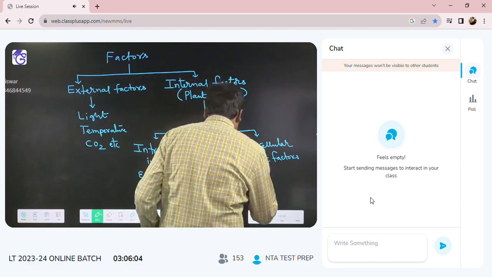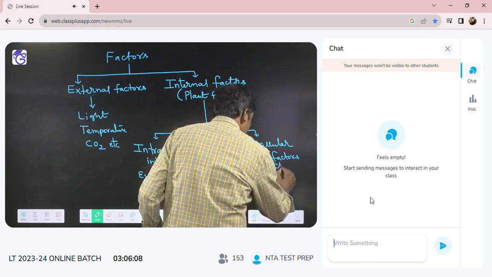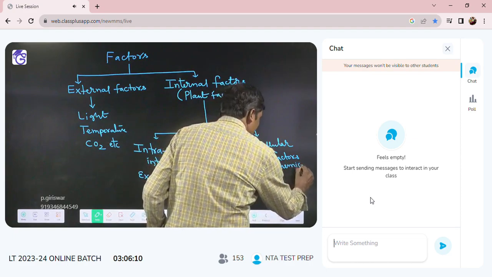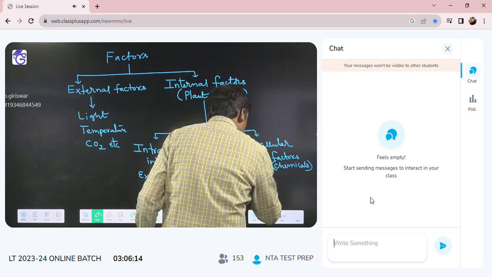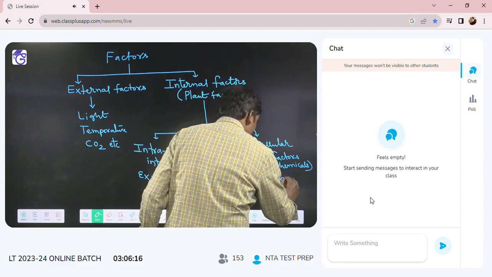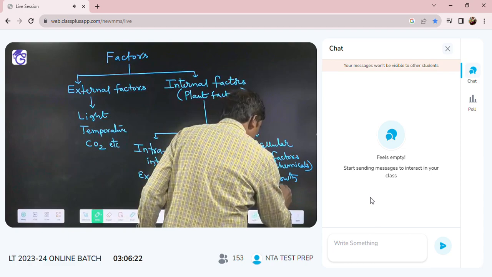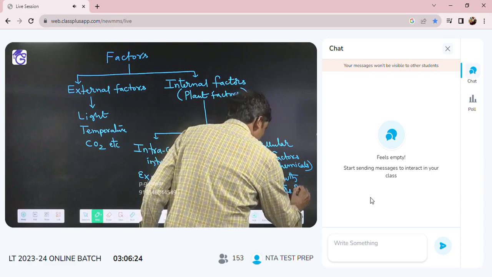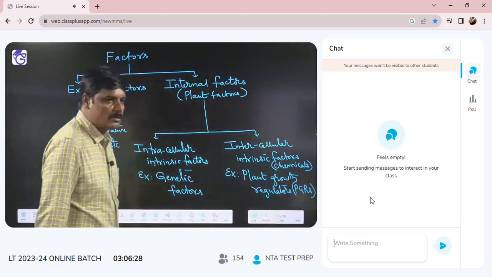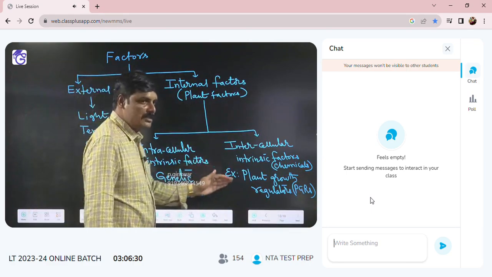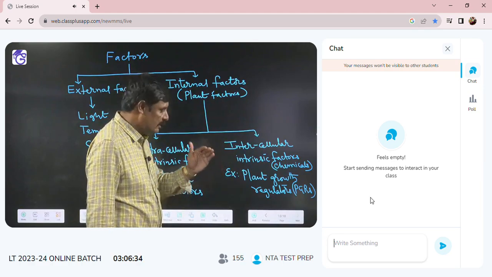Next, intercellular intrinsic factors include chemicals, nothing but plant growth regulators, PGRs: auxins, gibberellins, cytokinins, abscisic acid, ethylene.